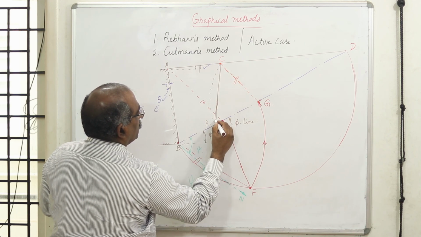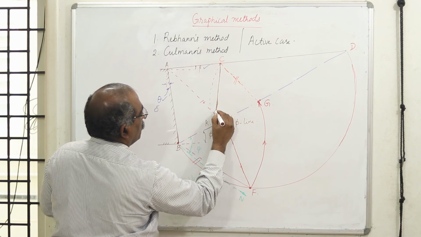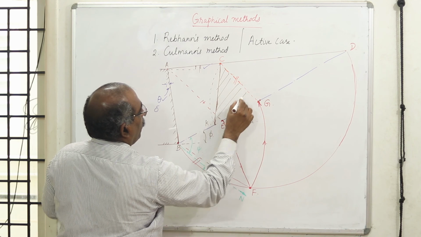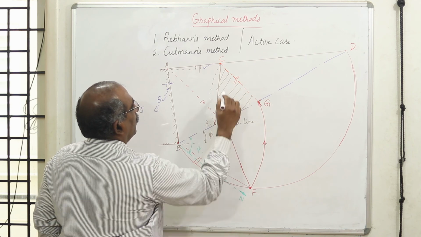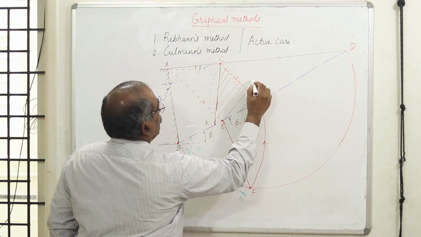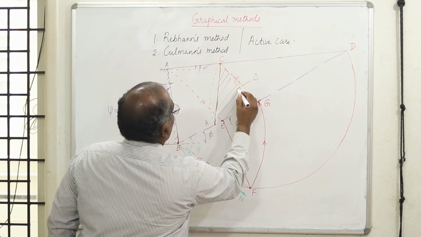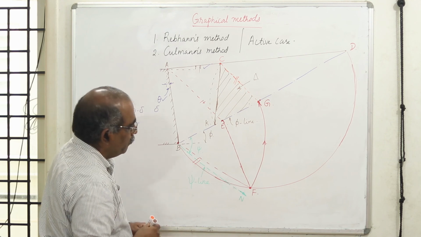Now I get this triangle. Find out the area of this triangle. Let me call this area delta. Once I find out this area, I can find out the thrust.